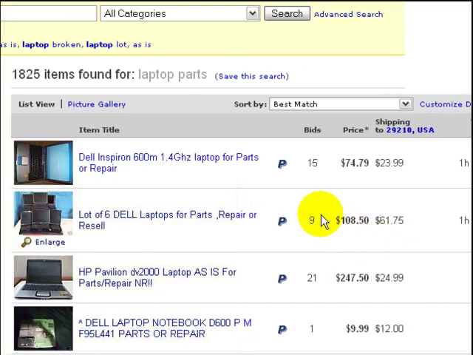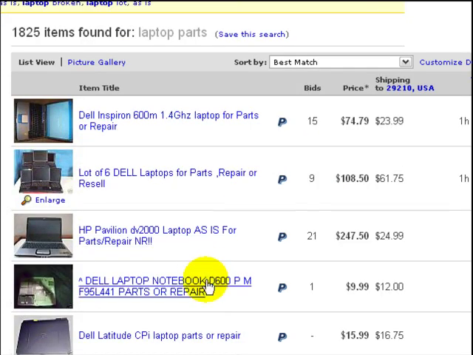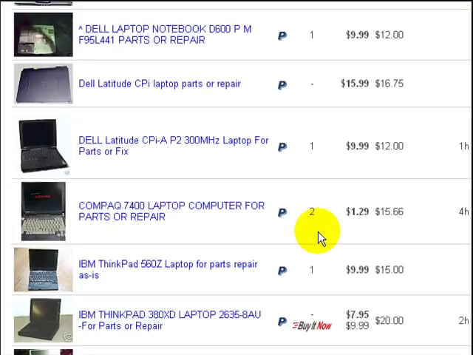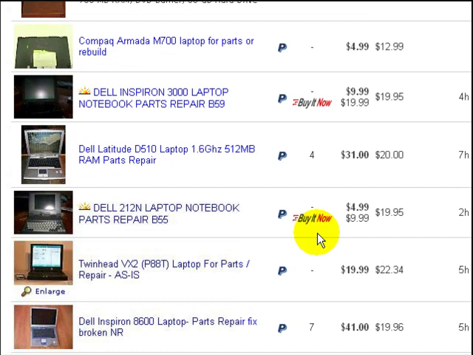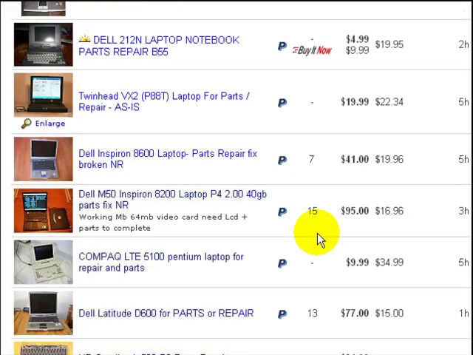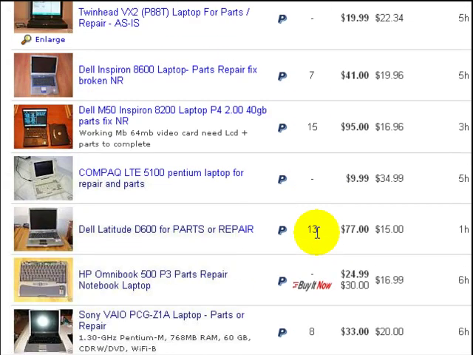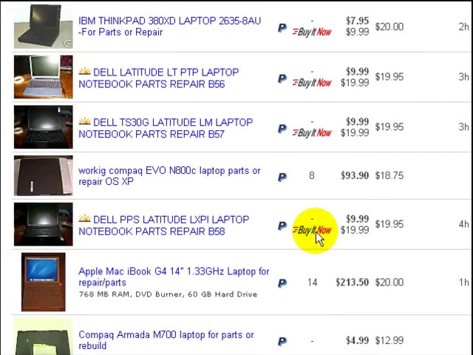And as I can see here, we have Dell computers, HP laptop computers, and they're probably most likely already dead computers, but people just want the parts. So as you can see here, you can see has 15 bids, 9 bids, 21 bids, and we have bids all over the place. Now you can sort of get a feel for which laptop parts are more popular than others, and you can actually do more research in that.